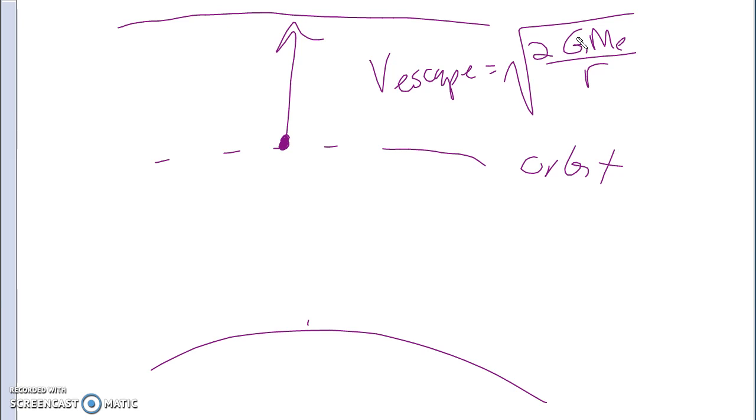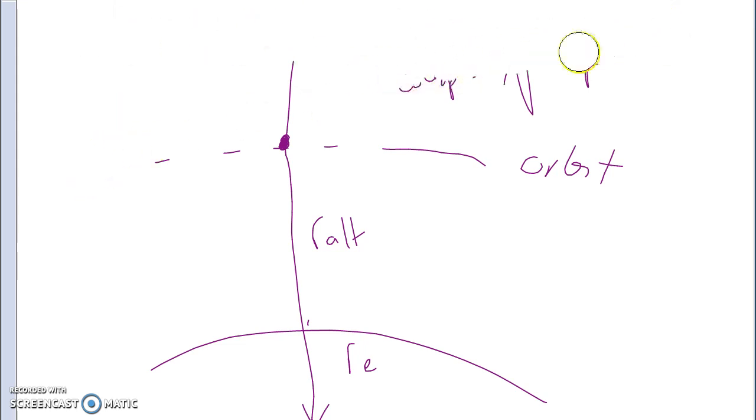You have to use the radius from there to the center of Earth, RE plus R altitude, which gives you R. Okay? All right.